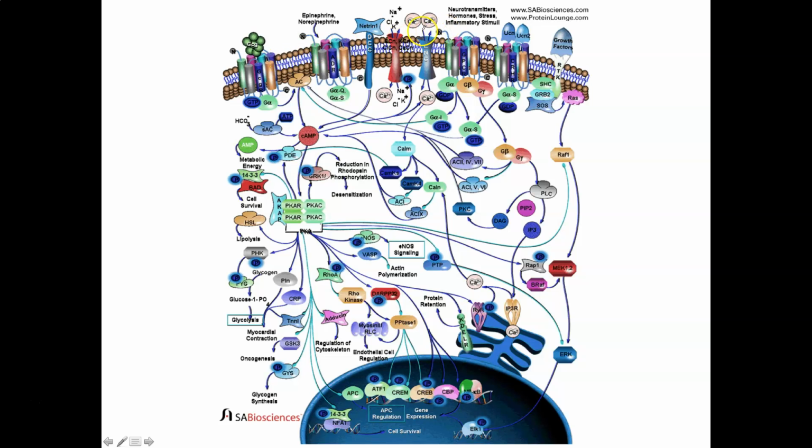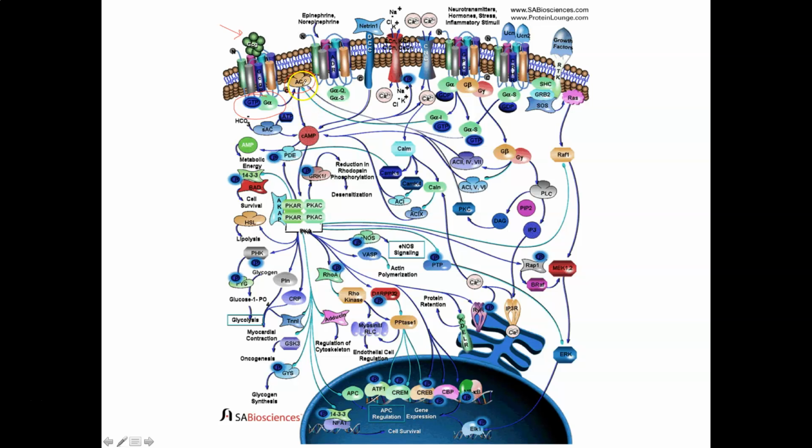So whether it's calcium affecting receptors or channels, whether it's hormones binding to receptors that are attached to G proteins. And so here's the alpha subunit, and then here's the adenylate cyclase in the membrane. You have lots of different mechanisms that are taking place within a cell all at the same time.